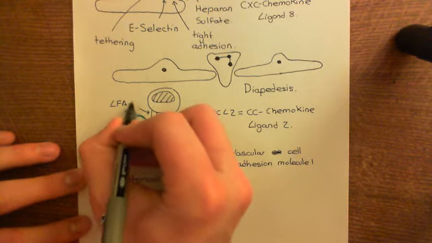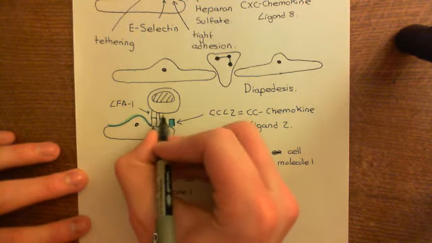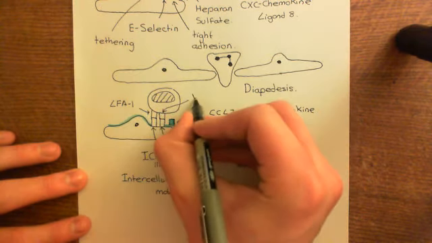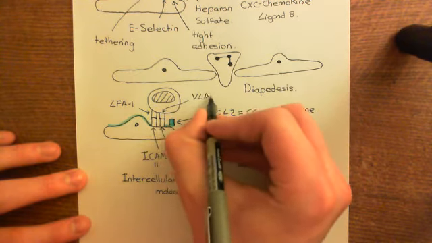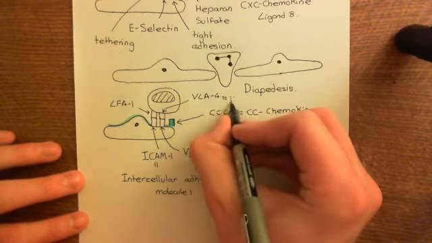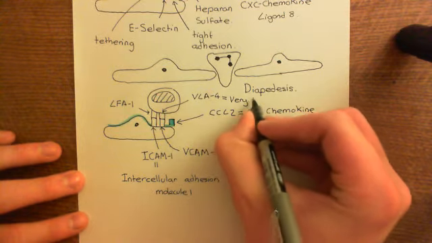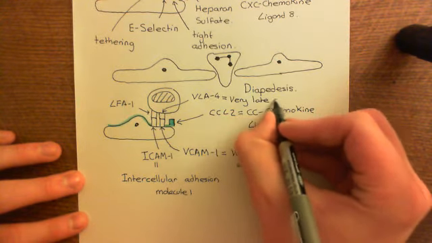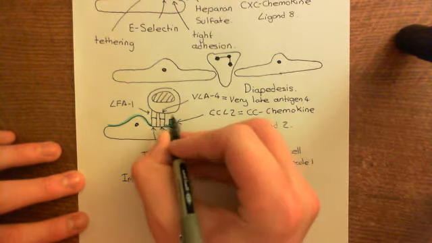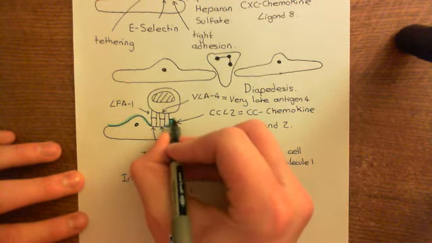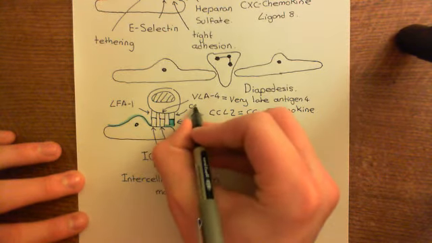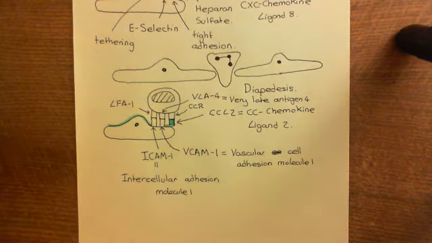The ligand for VCAM1 is a protein known as VLA4, standing for very late antigen 4. And then finally, you'll also have a receptor for this CC chemokine ligand 2, which will be a CC chemokine receptor, so a CCR of some description.